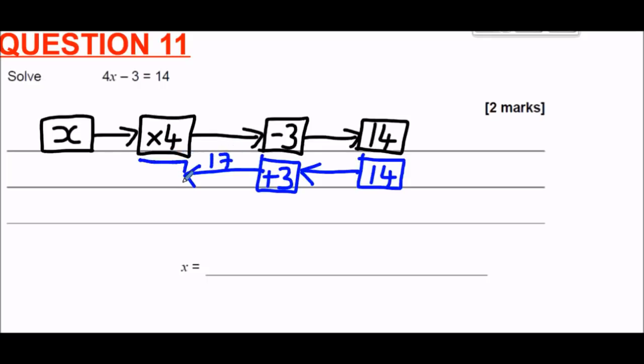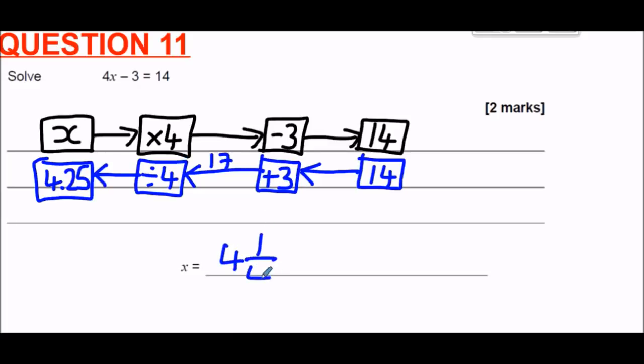And the final step, instead of multiplying by 4, going the opposite way, we're going to be dividing by 4. So x will be 17 divided by 4, which, as I've said 2 times previously, is 4.25 as a decimal. Or, if you're in more of a mixed number mood, you could say 4 1/4. So x is 4 1/4, or if you fancy, x equals 4.25.